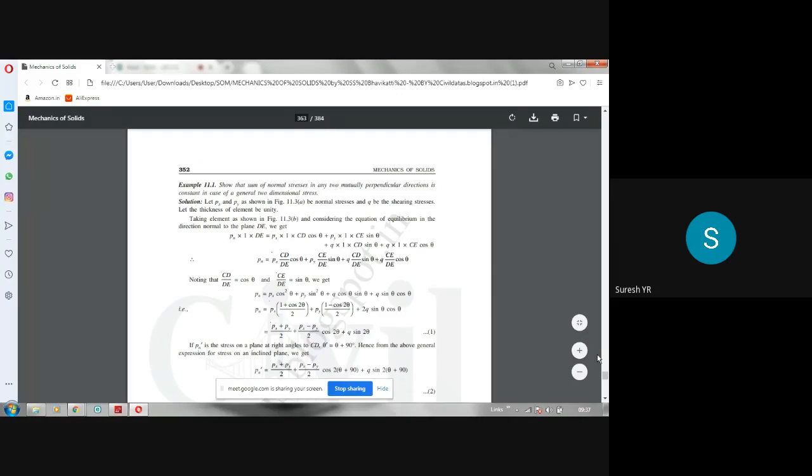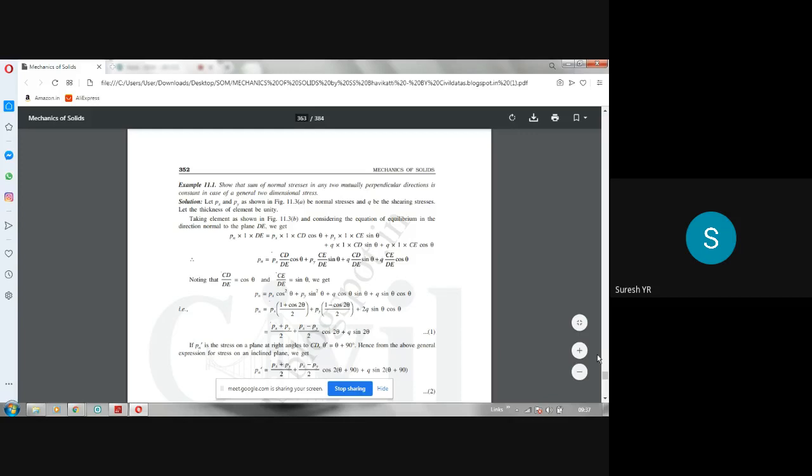That means the principal plane directions as well as maximum shear plane directions. In the formula for major and minor principal stresses, between the two terms, if you have a plus sign, it is major principal stress. If you have a minus sign, it is minor principal stress, P1 and P2.